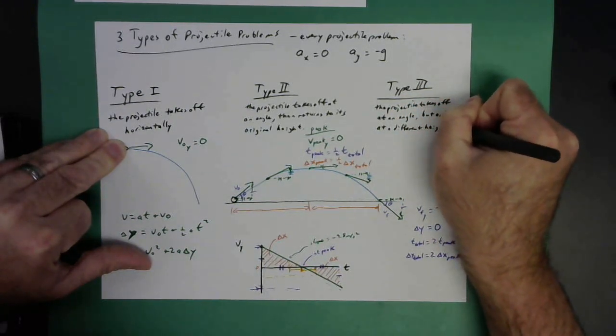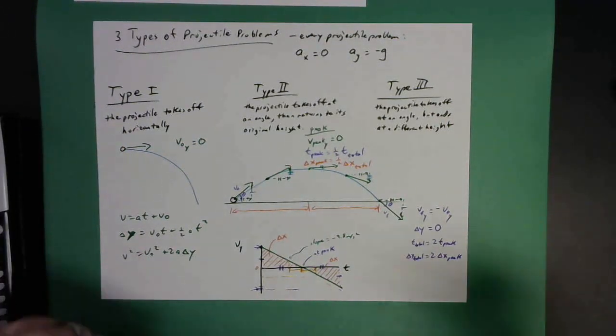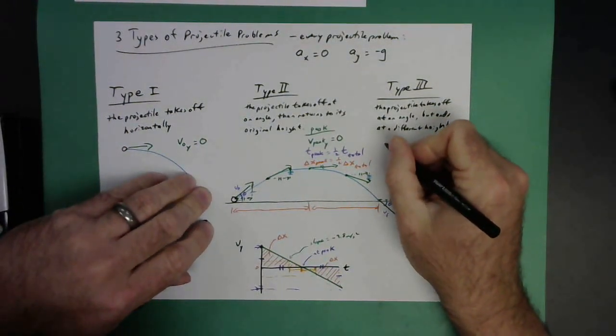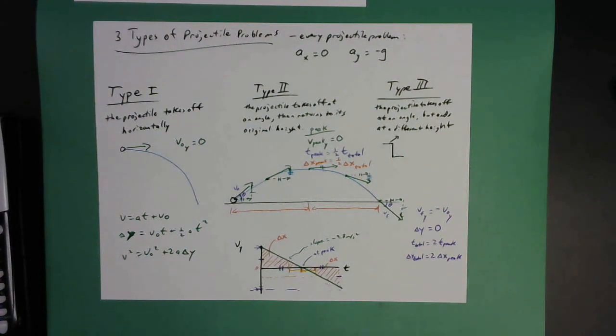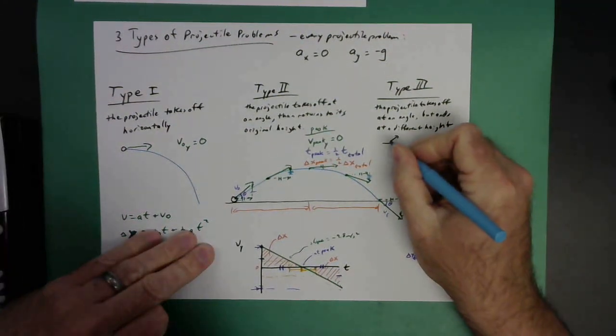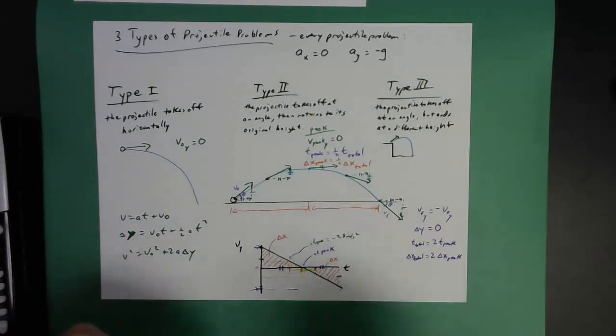And did I not give myself enough room to squeeze this in here? I can say it real quick. This might be a problem where it takes off at an upward angle, and it goes up and then down, right? So it takes off at an angle, ends at a different height.